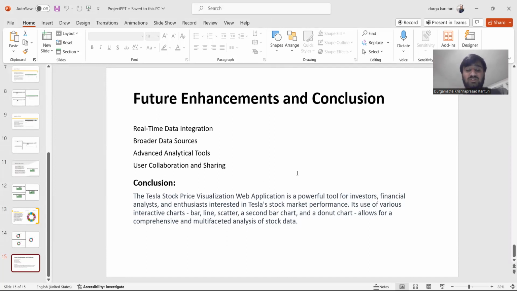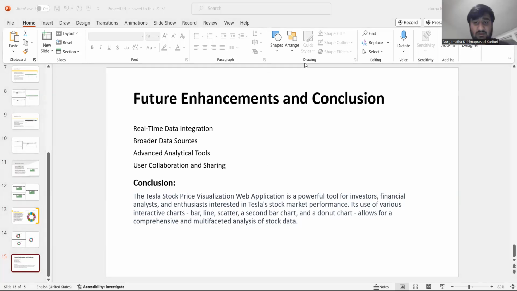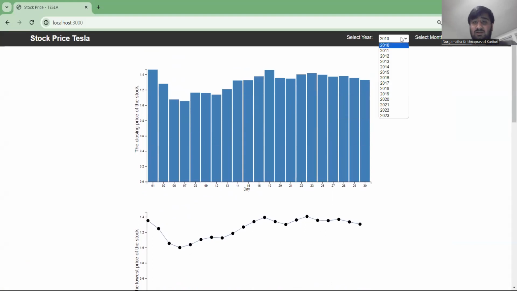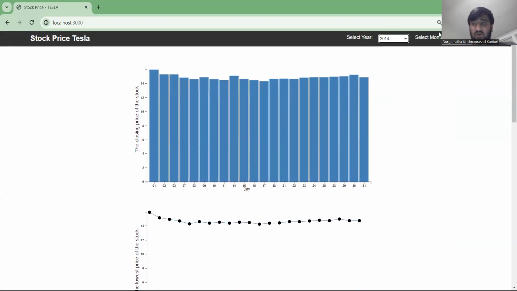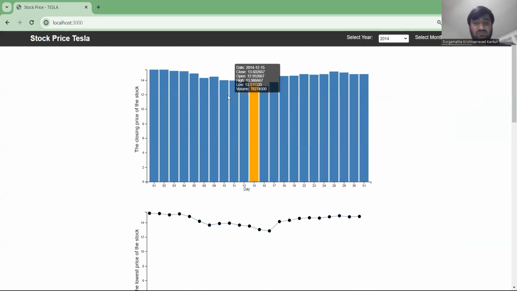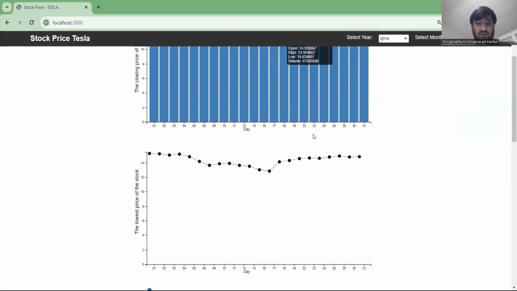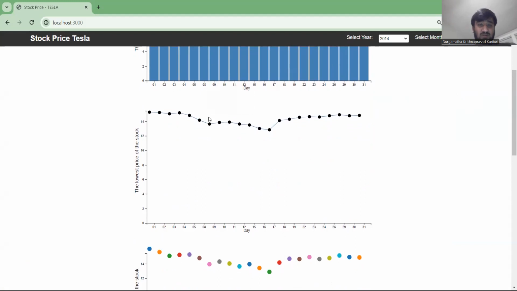And now we'll be seeing the implementation of the project. Here we can select the year, and we can select the month. By clicking each day, we'll be getting different types of data. And this is the other chart.